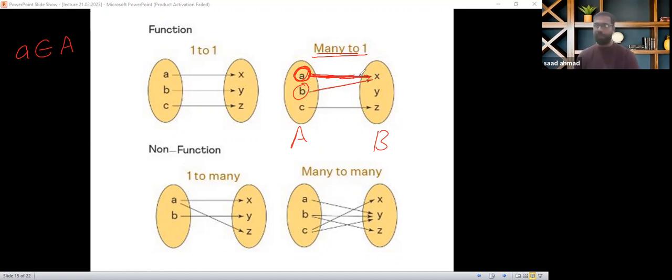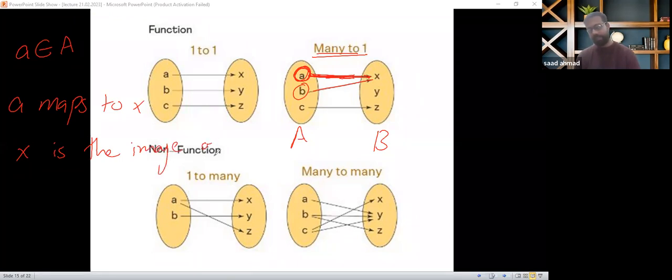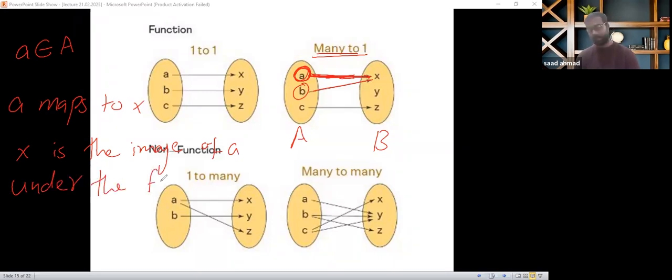This one is maps. A maps to X, or you can say X is the image of A under the function f of x.